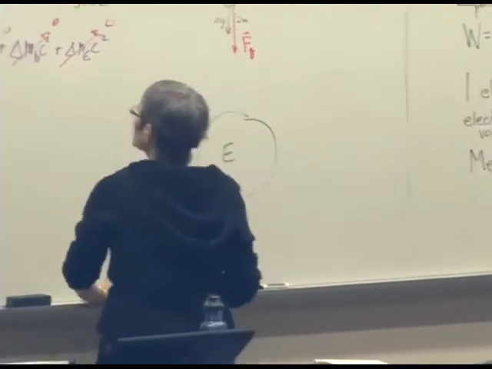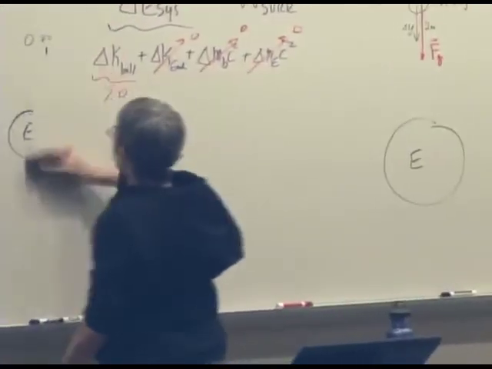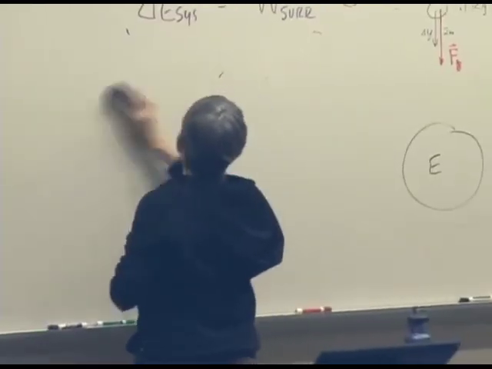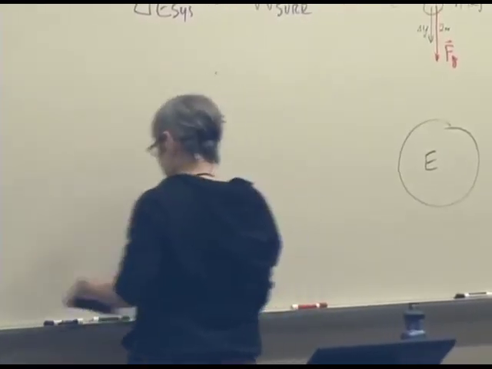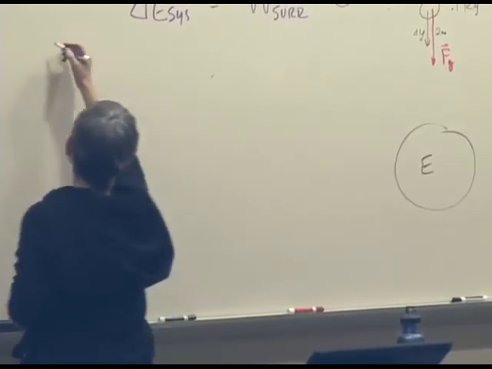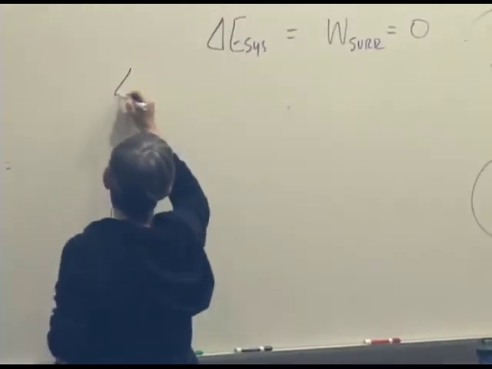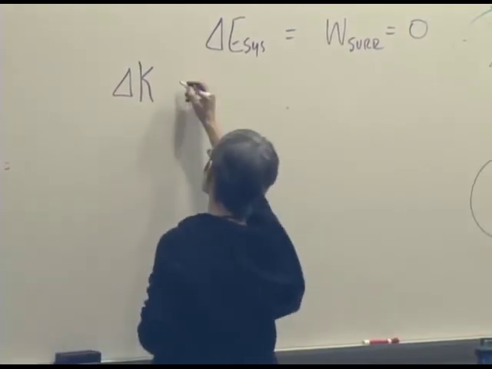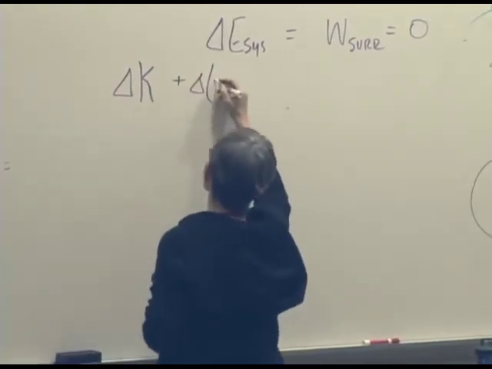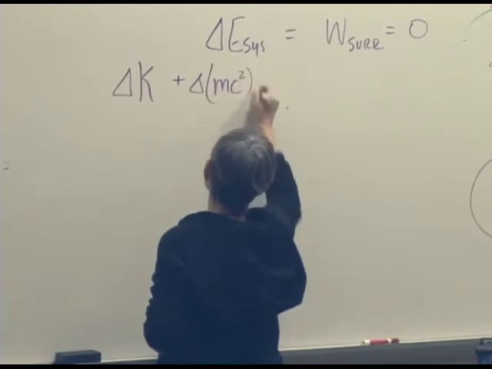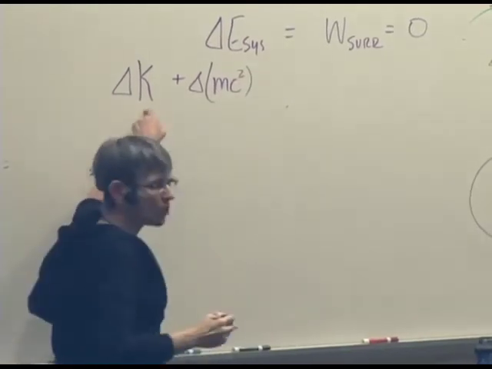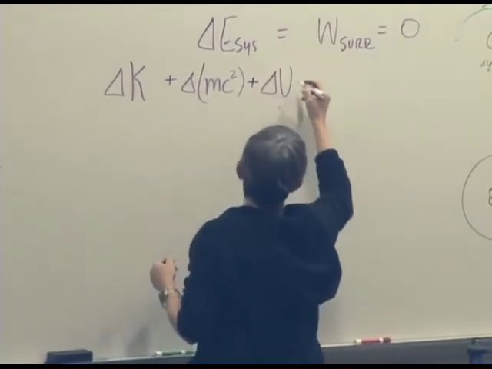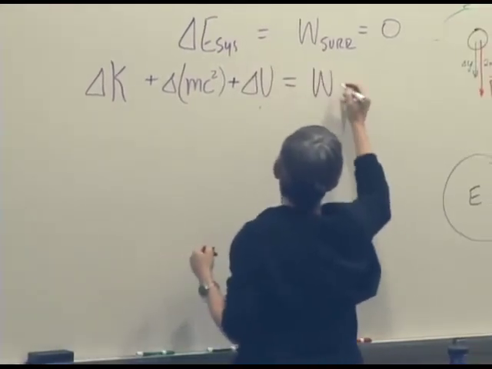So we can rewrite our equation here, change in energy of the system. There's actually another piece. So we have the change in the kinetic energy of the system plus the change in the rest energy of the system, where I'm saying total kinetic energy, total rest energy, plus the change in something that's called potential energy.